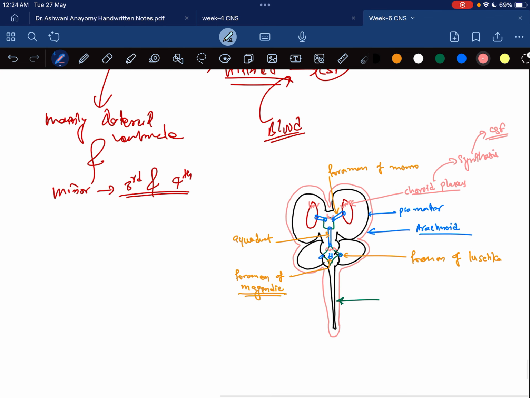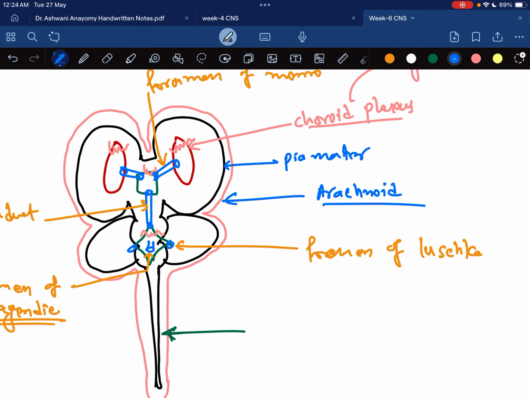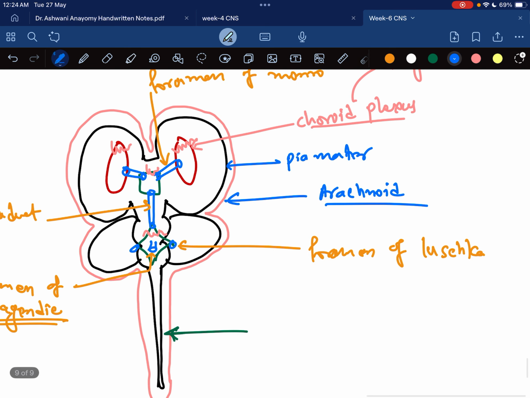First we understand how it circulates. After synthesis in the lateral ventricle, the CSF passes through the foramen of Monro into the third ventricle from both sides.